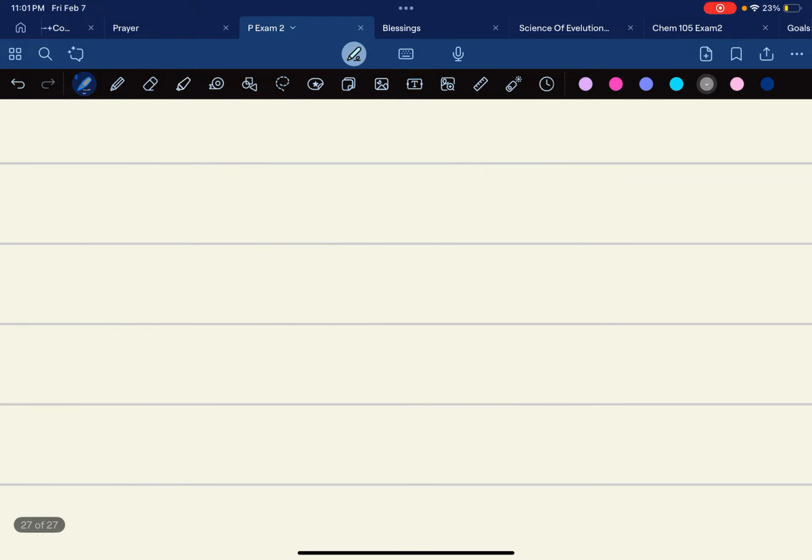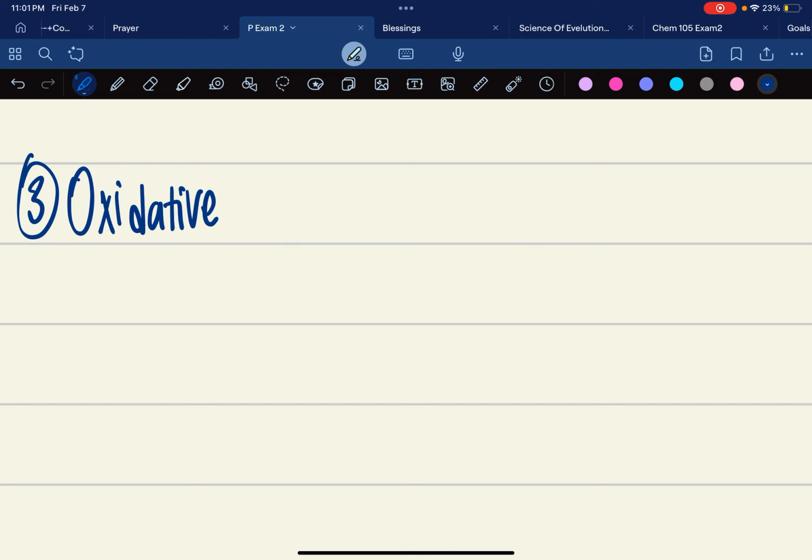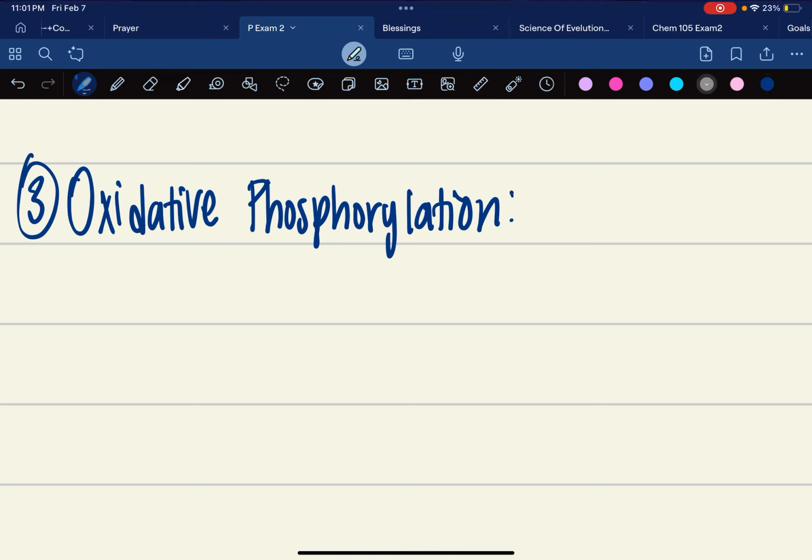And then third one, we have oxidative phosphorylation. We have advantage.